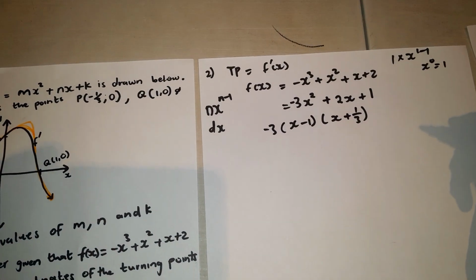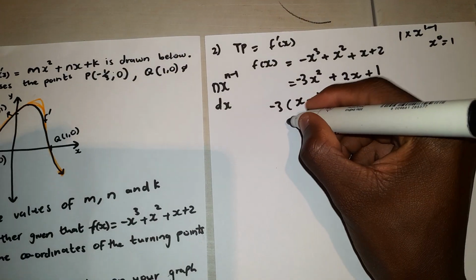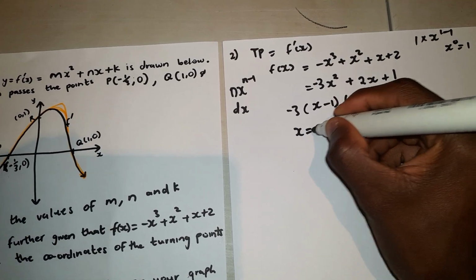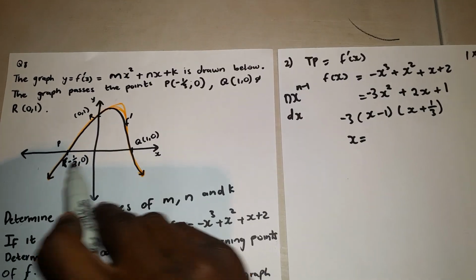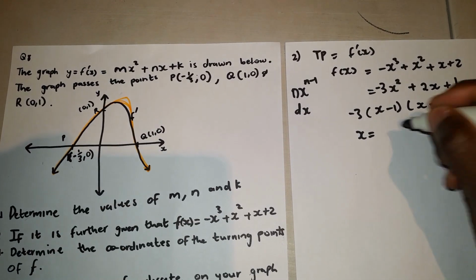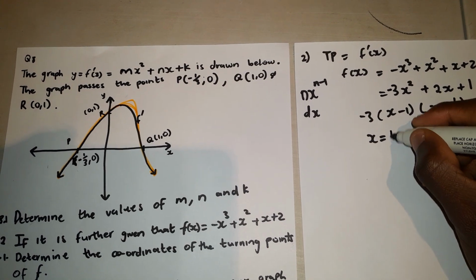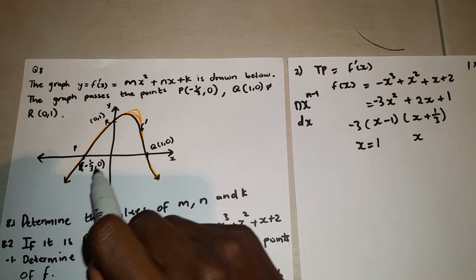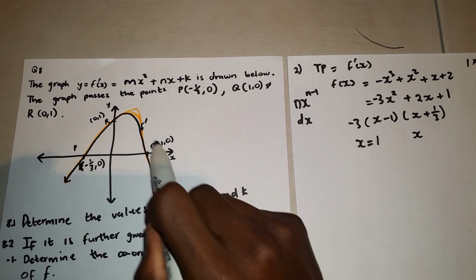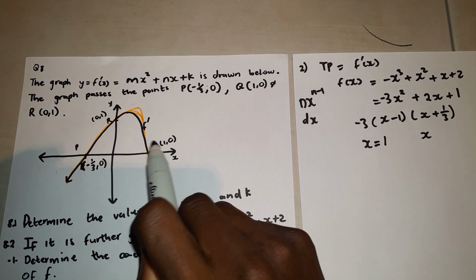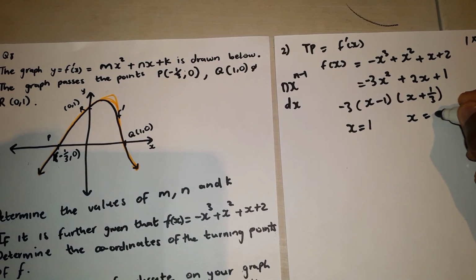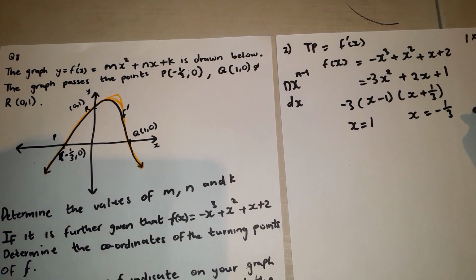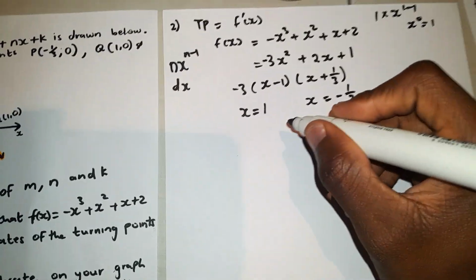So now we know that it will be x equals 1, and this x value here and here will be negative 1 over 3. So we have the x values.